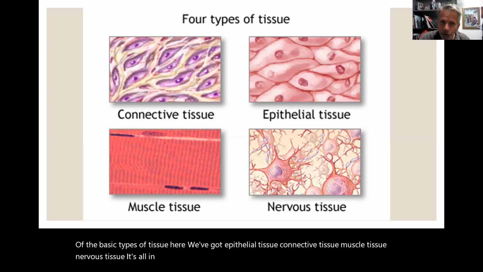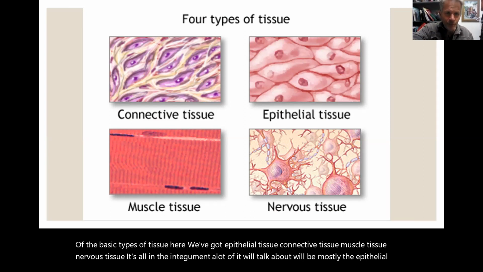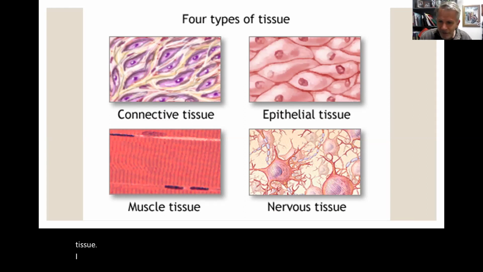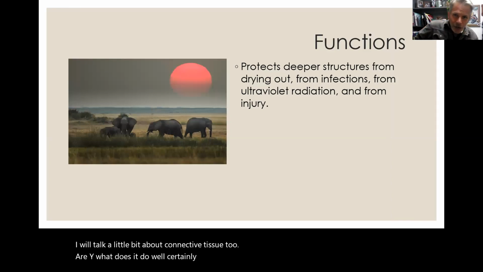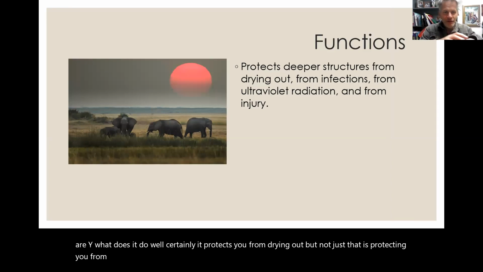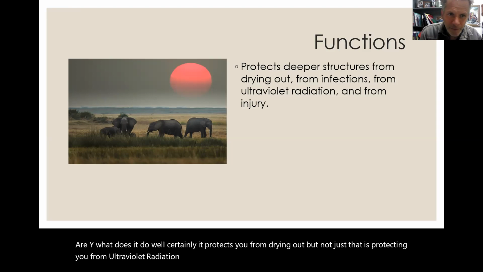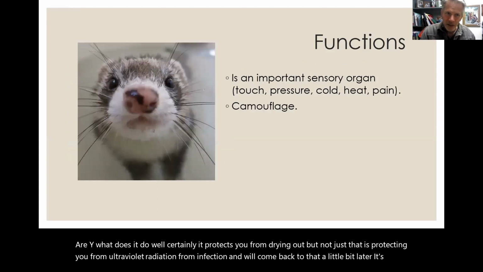A lot of what we'll talk about will be mostly the epithelial tissue, but we'll talk a little bit about connective tissue too. Why? What does it do? Well, certainly it protects you from drying out, but not just that, it's protecting you from ultraviolet radiation, from infection, and we'll come back to that a little bit later. I think it's very cool.